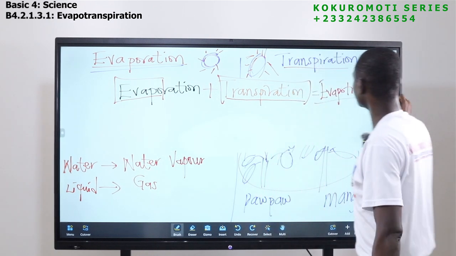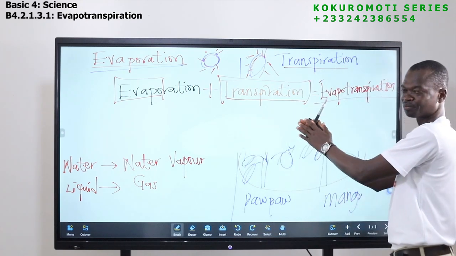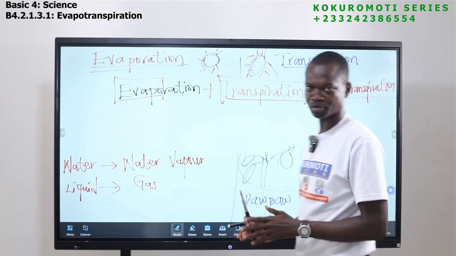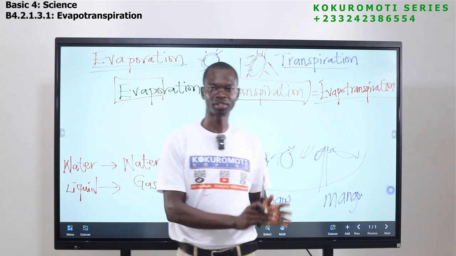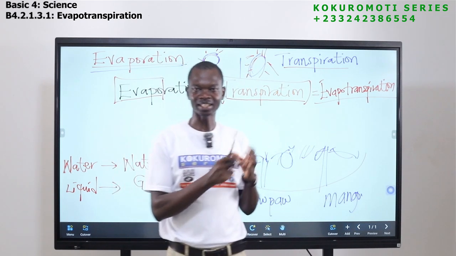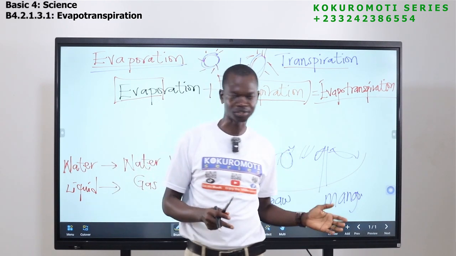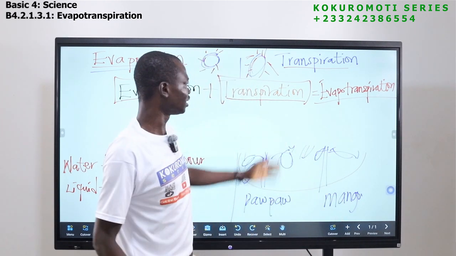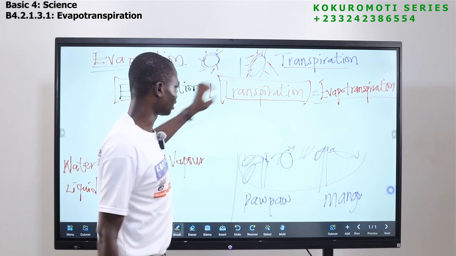When we talk about evapotranspiration, we are talking about evaporation and transpiration. When evaporation takes place and transpiration also takes place, we combine these two processes and give it a term called evapotranspiration. So anytime you hear about evapotranspiration, we are talking about evaporation and transpiration.